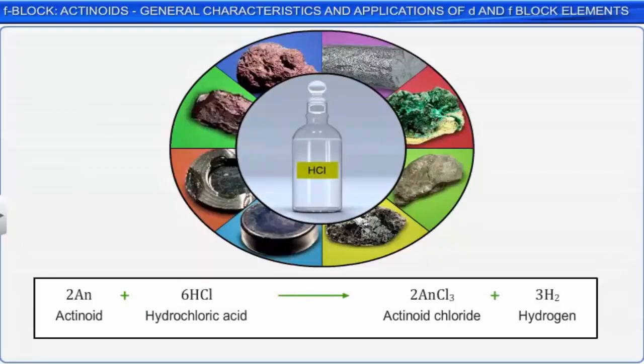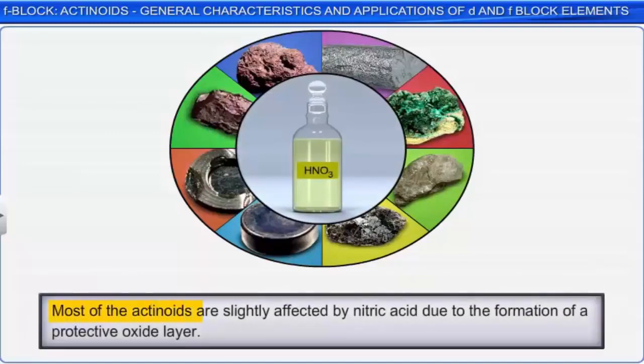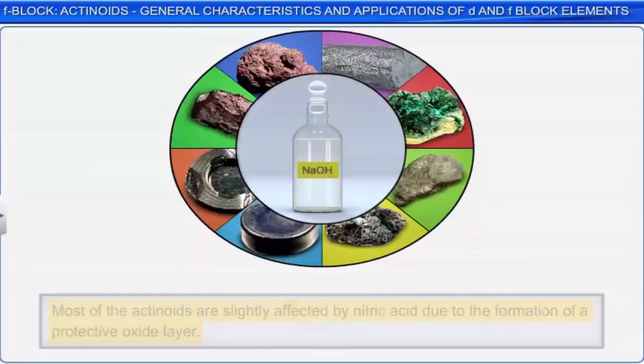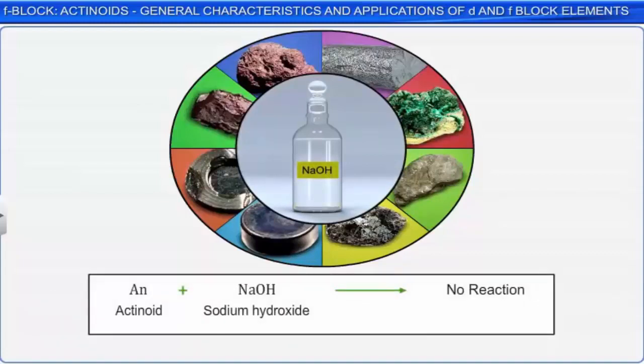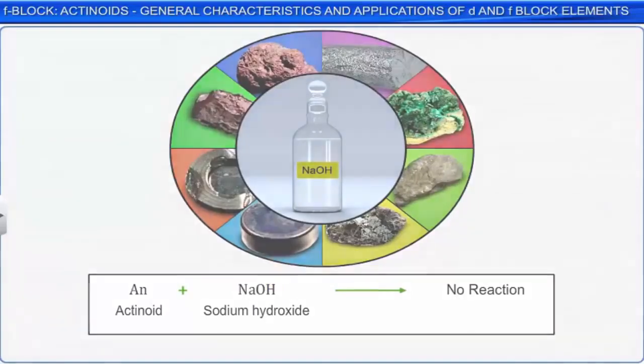Most of them are slightly affected by nitric acid due to the formation of a protective oxide layer. They are basic and do not react with sodium hydroxide. They react with oxygen, the halogens, and with hydrogen.